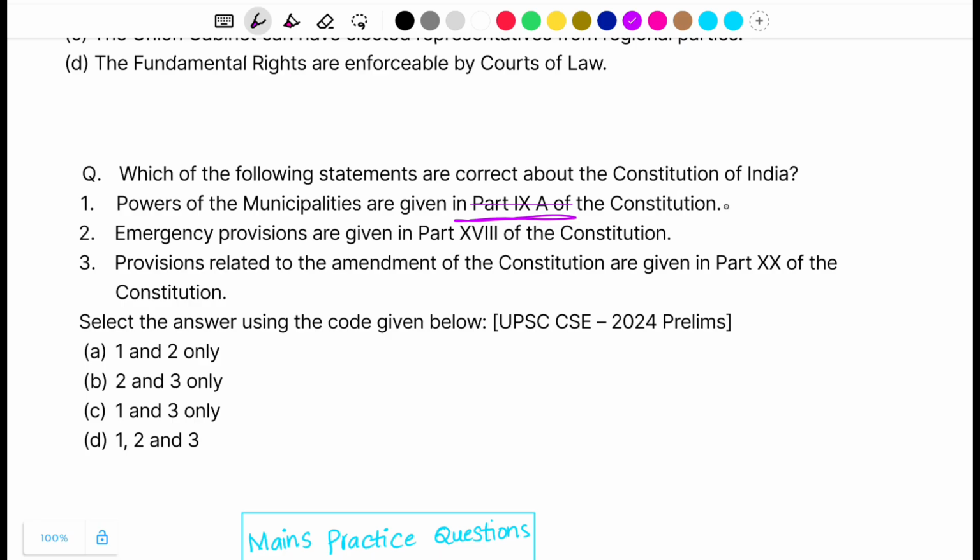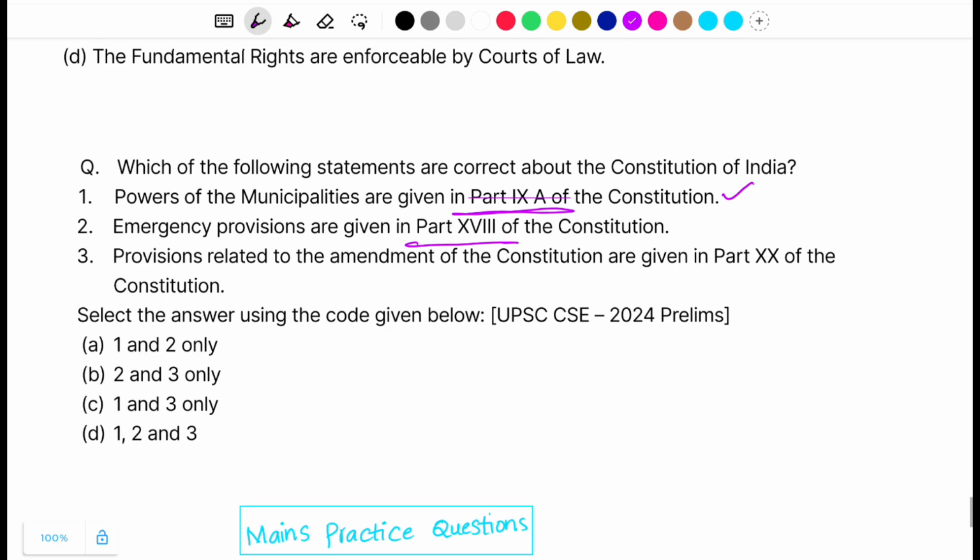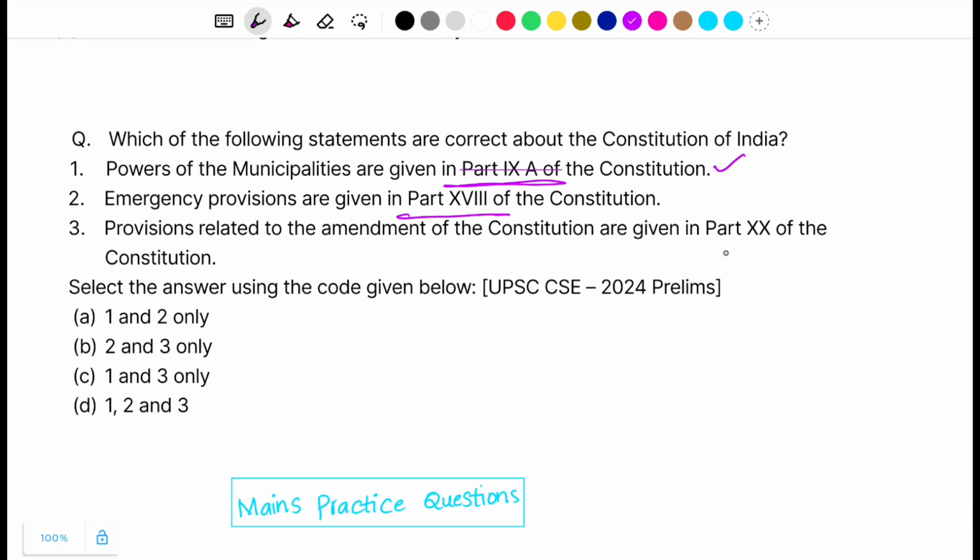This statement is correct. Emergency provisions are given in Part 18 of the Constitution. Yes, absolutely. We have also discussed this point. Part 18 mentions the emergency provisions. Provisions related to the amendment of the Constitution are given in Part 20 of the Constitution. Yes, Article 368 deals with the amendment of the Constitution.